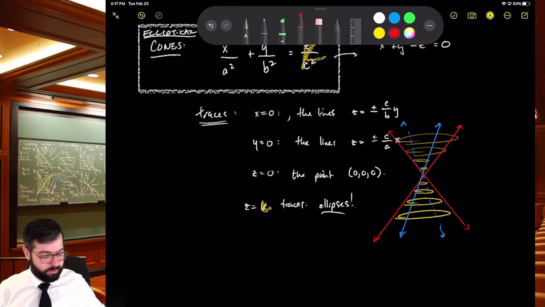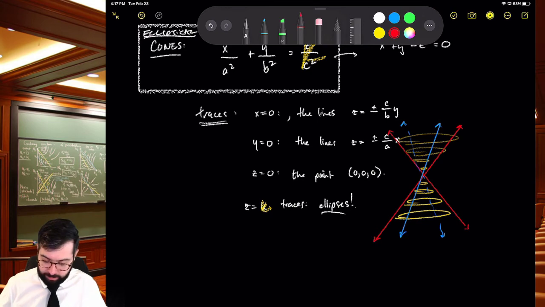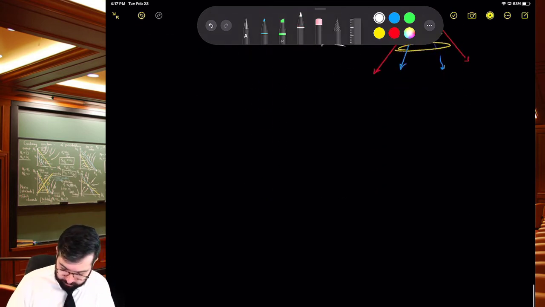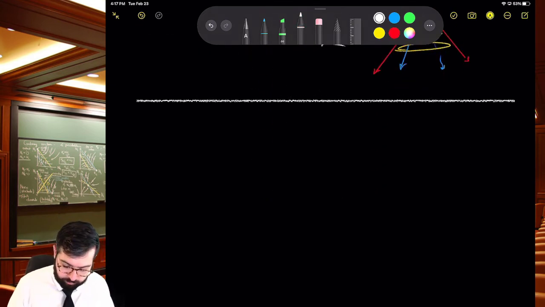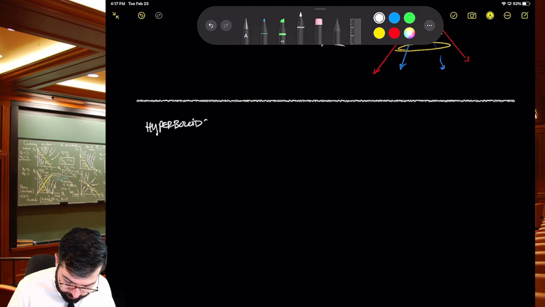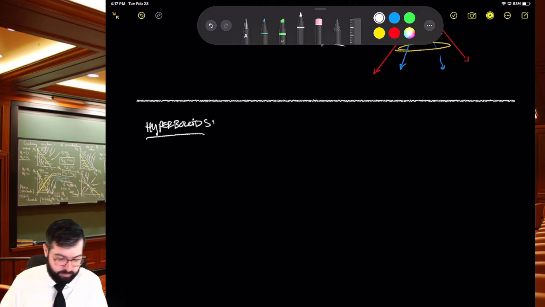All right, and the last two shapes, last two quadric surfaces, are the hyperboloids. They come in a few flavors.